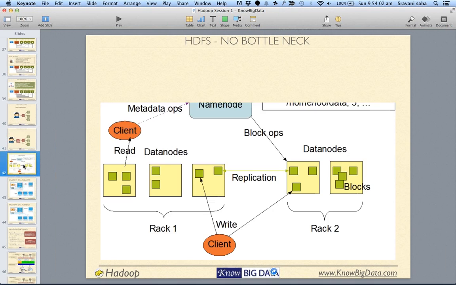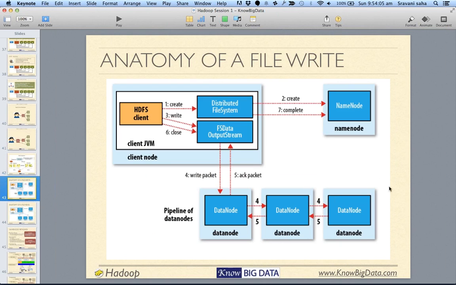Now, this is the typical architecture as I explained to you just now. When an HDFS client wants to write data, by way of the Hadoop distributed file system or output stream, the client first goes to the name node and tells it, I want to write this particular movie.